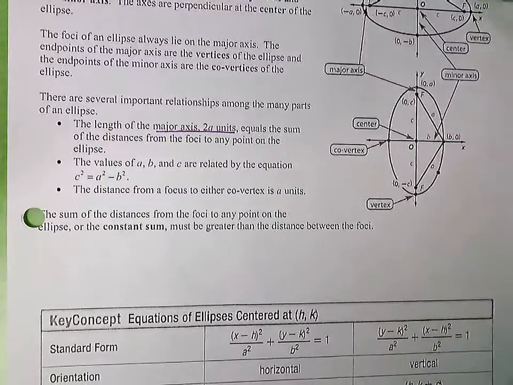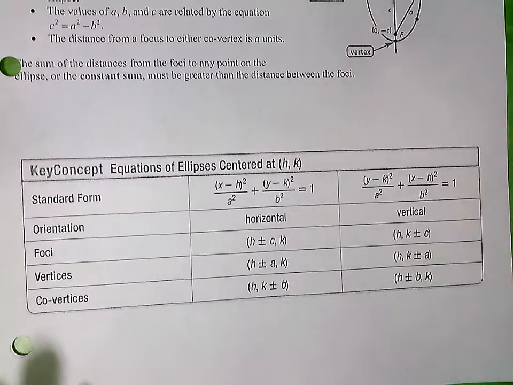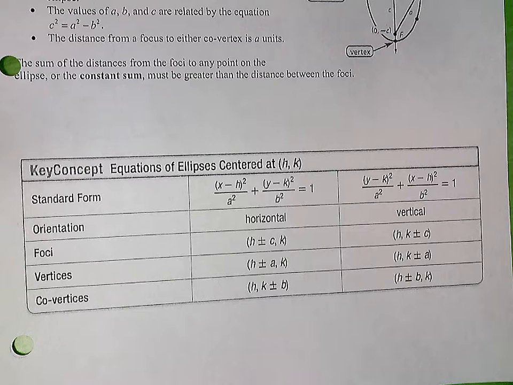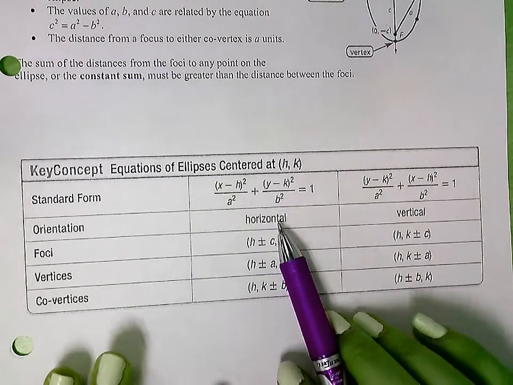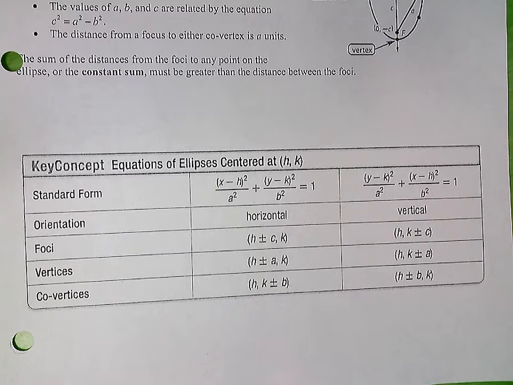So just like what we had before, we have a chart at the bottom that's going to help us set up these equations. Okay, so we have 2 different forms. We have a horizontal ellipse and a vertical ellipse.